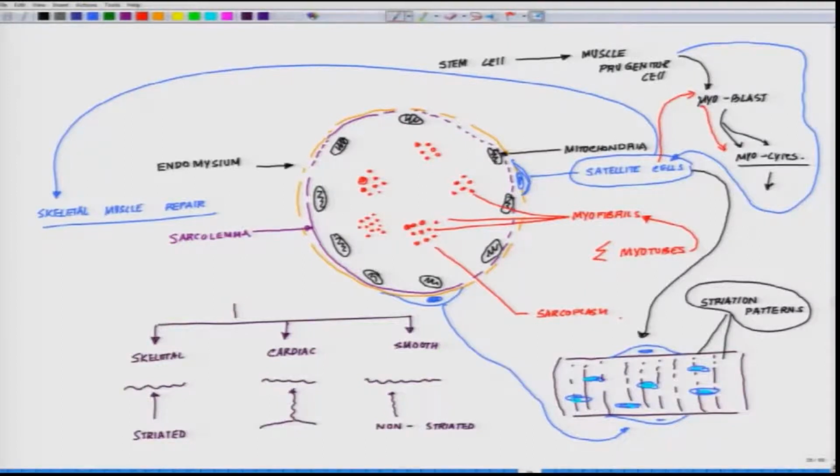Plus, there is another attractive, alluring area of this, that is in skeletal muscle tissue engineering, especially in stem cell therapy.